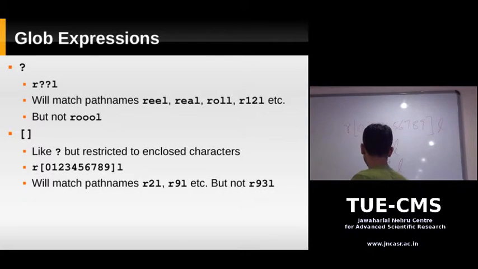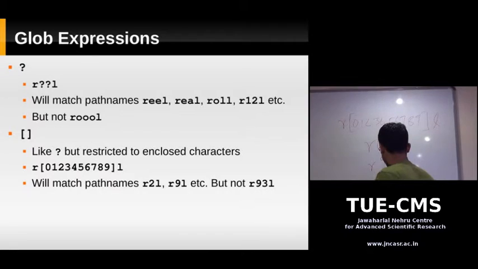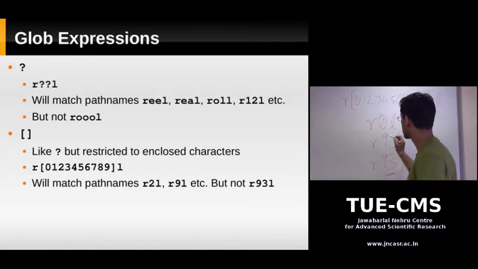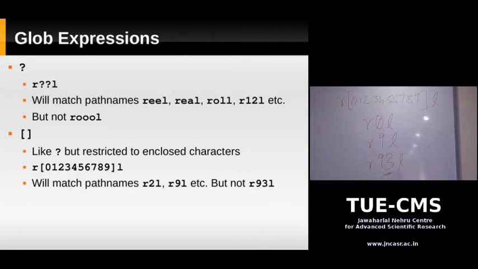It won't match this, because the shell is expecting an L over here. So the bracket is like the question mark, but you can match some subset of your characters. Is it only for numerics? No, I'll show you in the next.